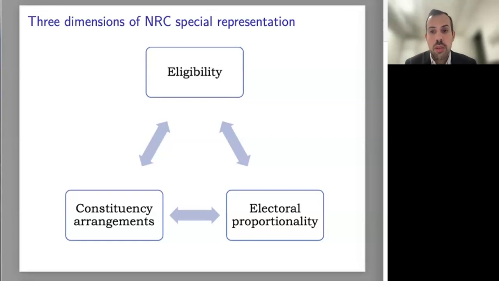The second one would be constituency arrangements, or the institutional design behind extraterritorial districts. And the third one, electoral proportionality, or the comparison between the share of the vote for extraterritorial voters in parliament and their share in the total electorate.